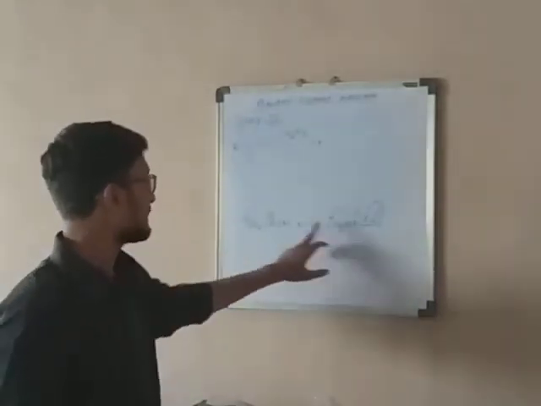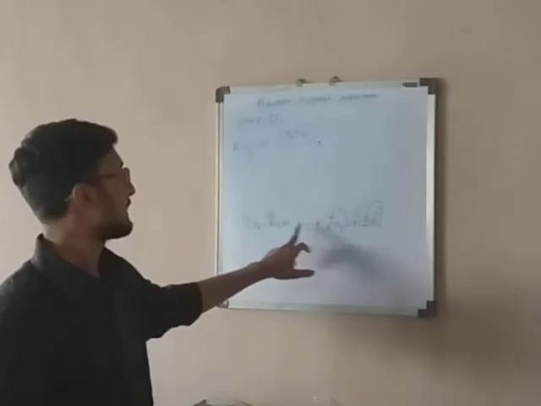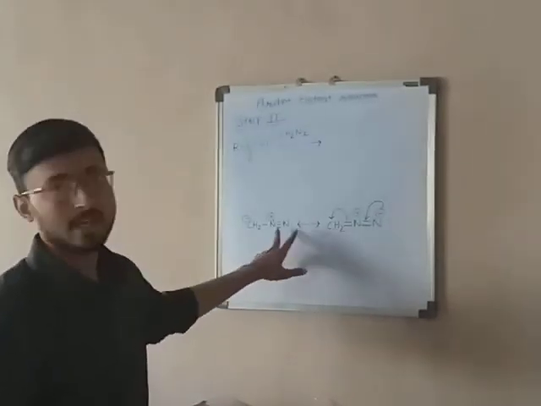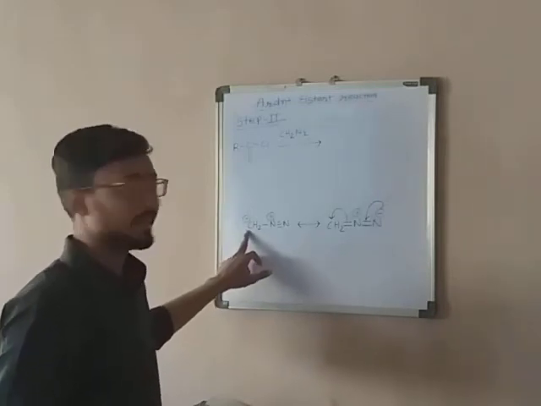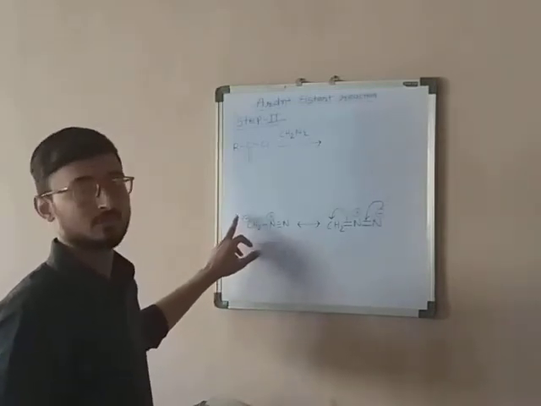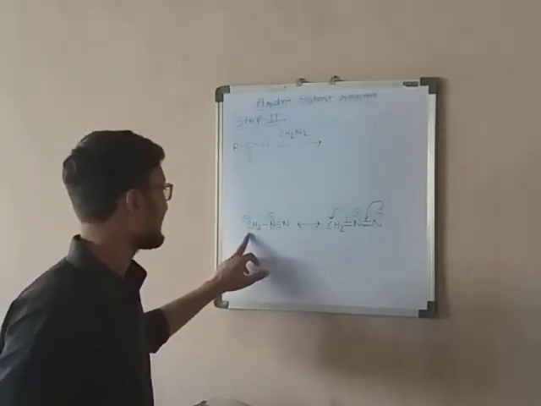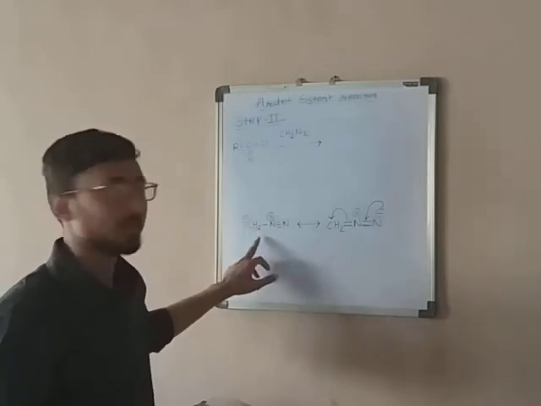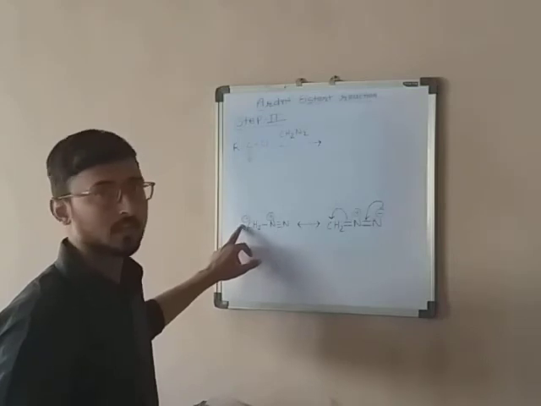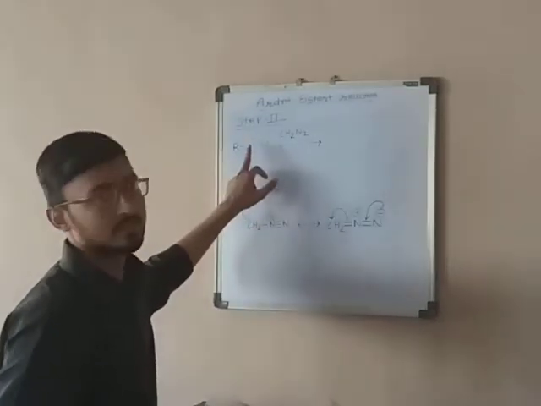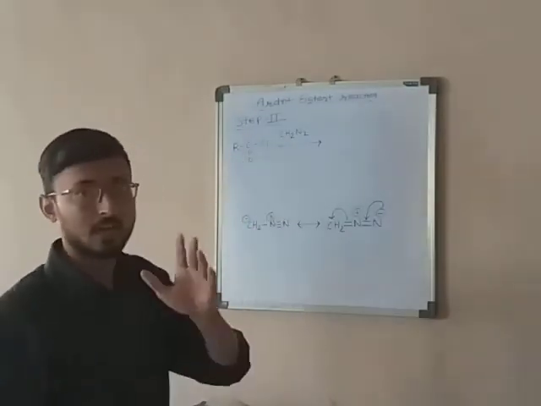So these are the two structures that are responsible for the diazomethane structure, right? So here we can see that there is a negative charge on this carbon atom. So this compound is more reactive in context of this reaction, and this negatively charged carbon will react with this compound. So let's see how it will react.